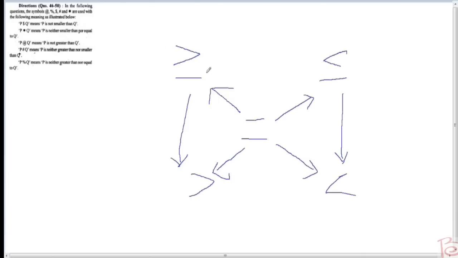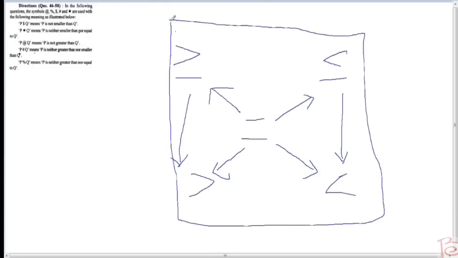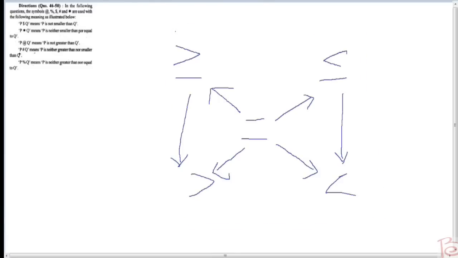So I'm going to repeat it once again. Whenever you get this question, you have to draw like this in the rough sheet, and you should not change the order. It has to be like this. The first one should be greater than or equal to, and opposite to it you have to put smaller than or equal to.